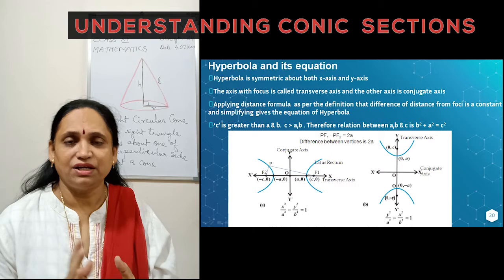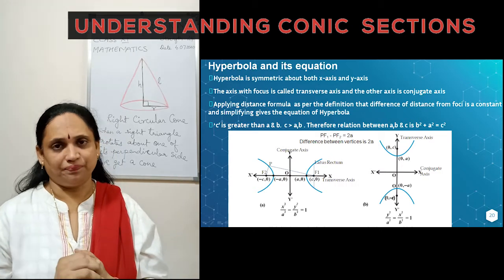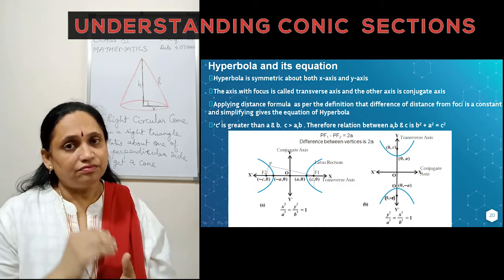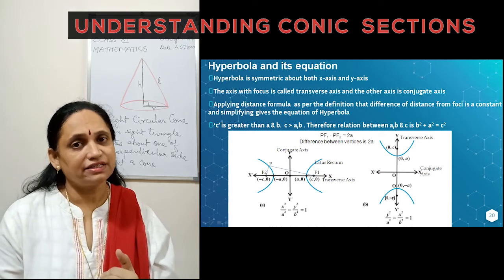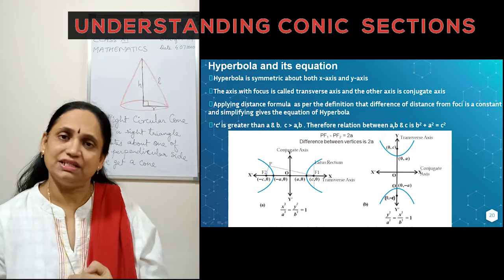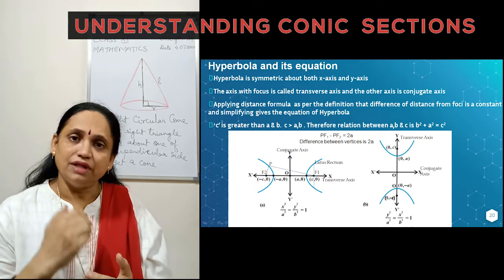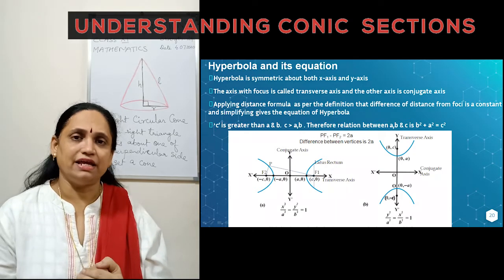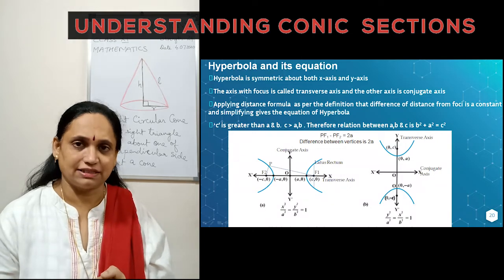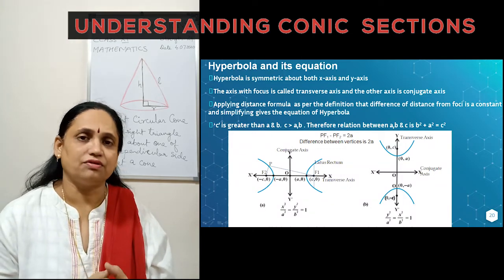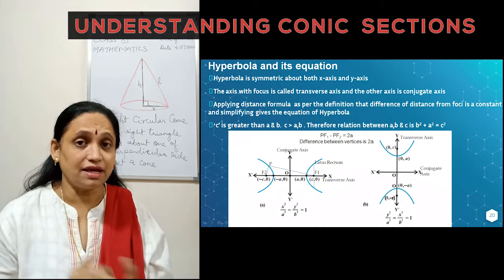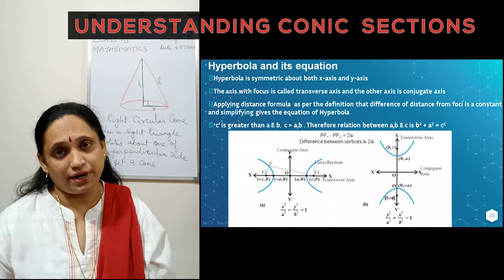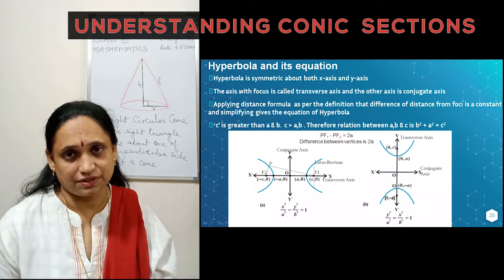That is the similarity between the ellipse and the hyperbola. In the ellipse we called the axis where the focus lies the major axis, whereas in the case of the hyperbola, the axis on which the focus lies is called the transverse axis, and the other one is called the conjugate axis. So either the x-axis can be the transverse axis or the y-axis can be the transverse axis.